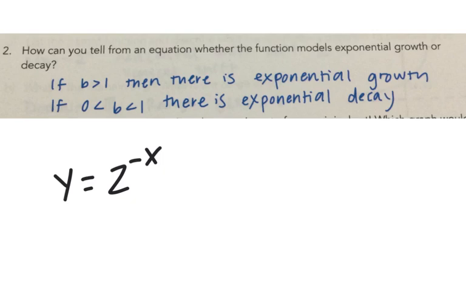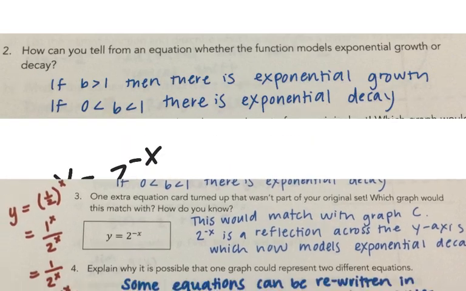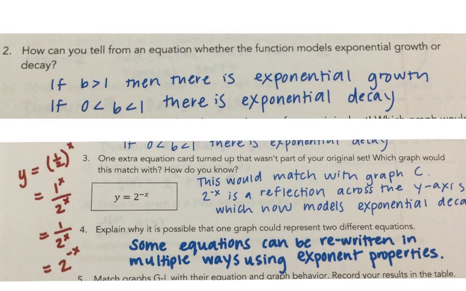And then 4, why is it possible that one graph could represent 2 different equations? Well, because exponents have all these weird properties, right? And you can rewrite them different ways based on your exponent rules. So like right here, they show you on 3 one way you could rewrite it. So if I started with 1/2 raised to the x, when I raise something to the x, I can rewrite that as everything being raised to the x.